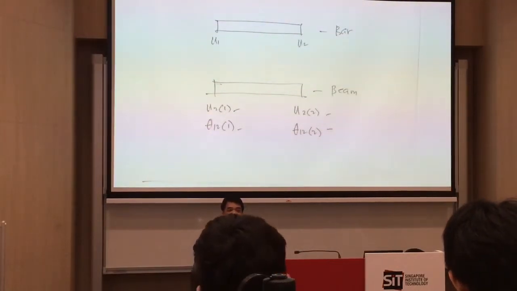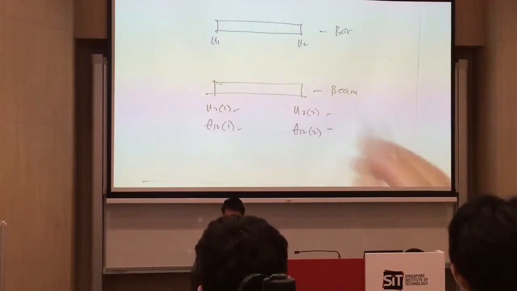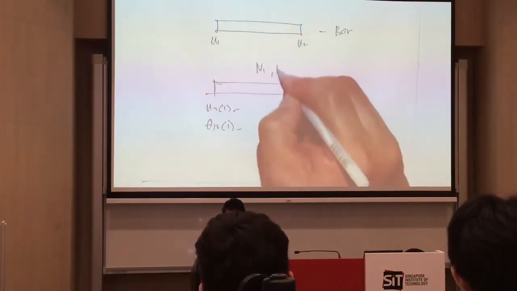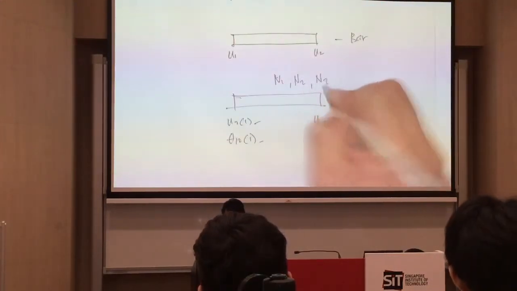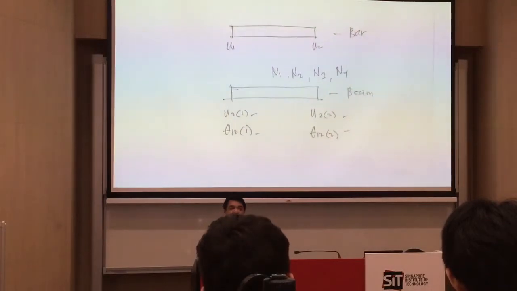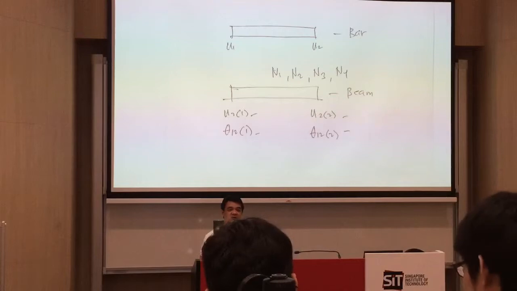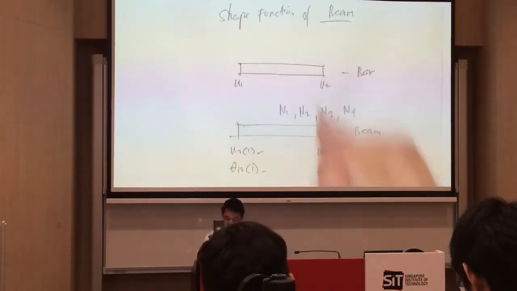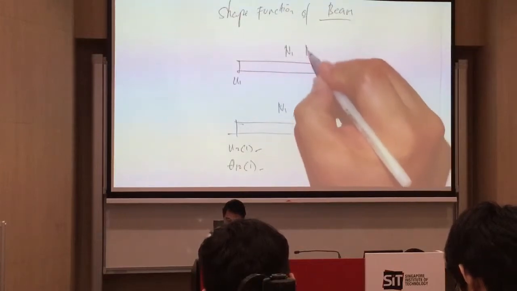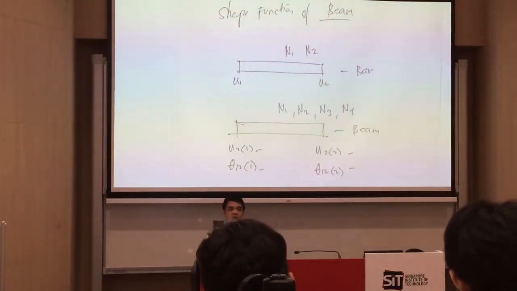How many shape functions do you expect? So you have N1, N2, N3, and N4 shape functions. So for a bar, it's just that we have N1 and N2.